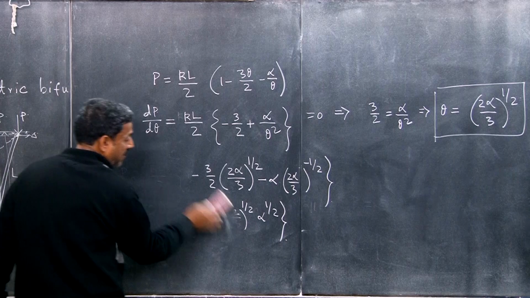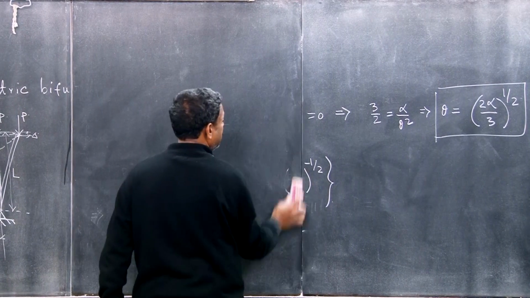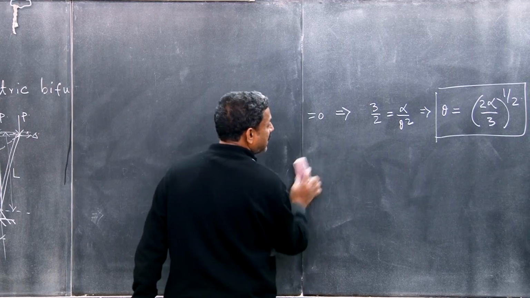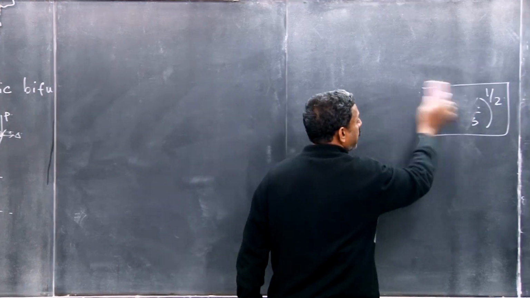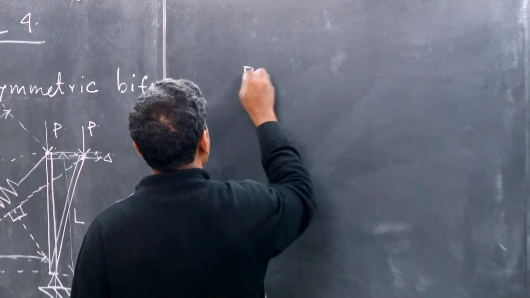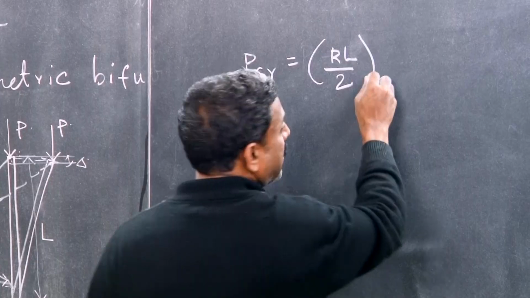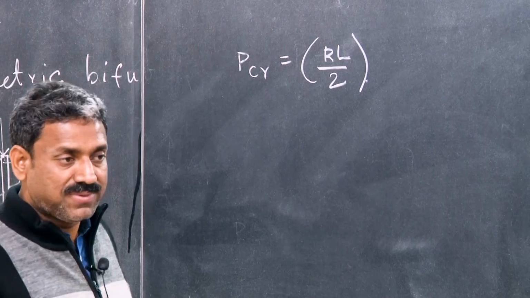Now I am removing all these things. All of you must have noted this down. What I am going to write here is, I will draw now. So, P critical was nothing but KL upon 2, and the imperfection sensitivity I have said is half power.